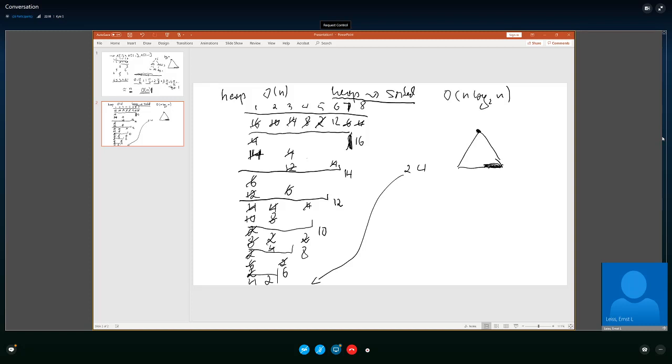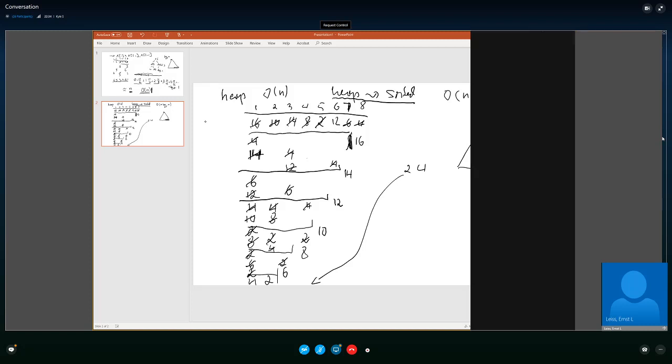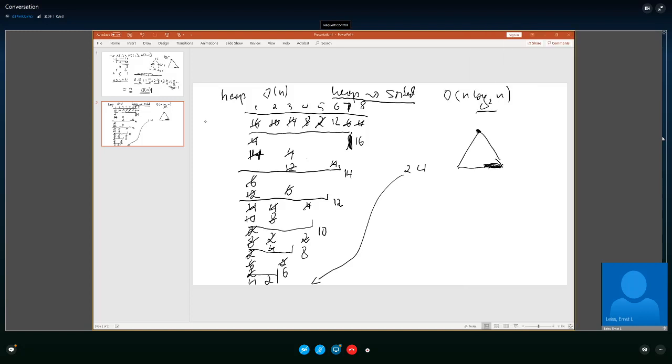And that means that in the worst case, we need a number of flips that have to be carried out that is proportional to the length of that path, which is, of course, the height of the tree, which is log base 2 of n. That's the height of the tree.